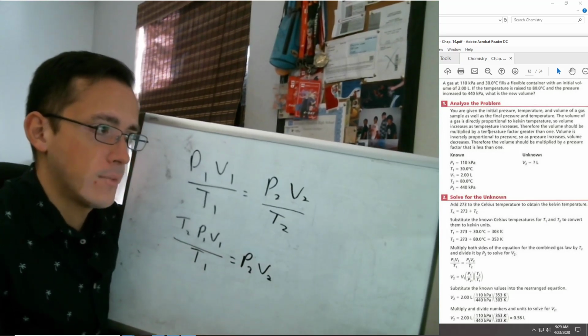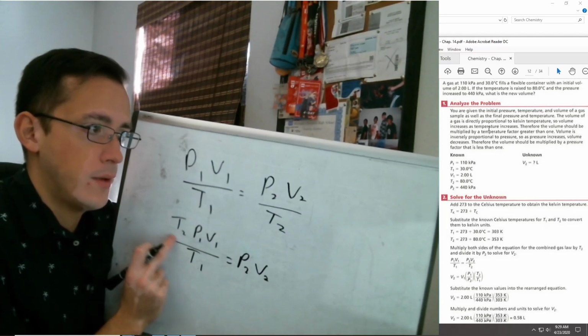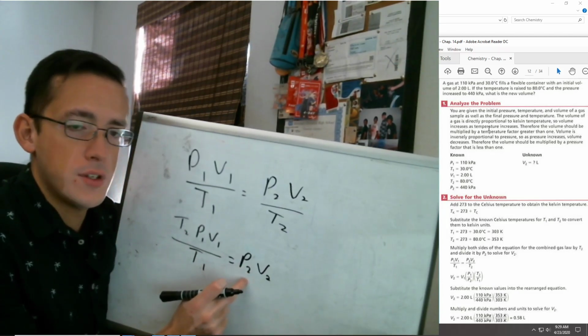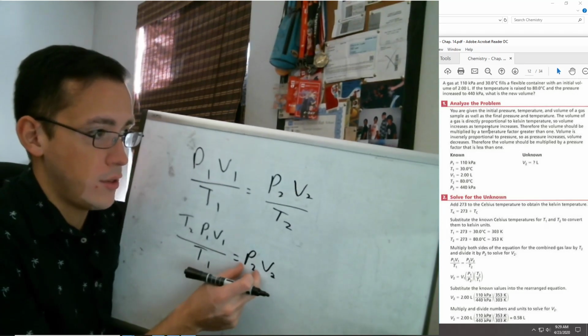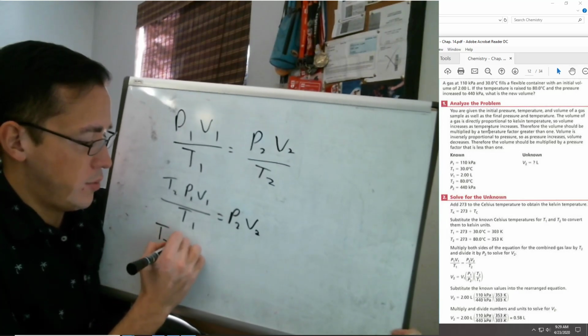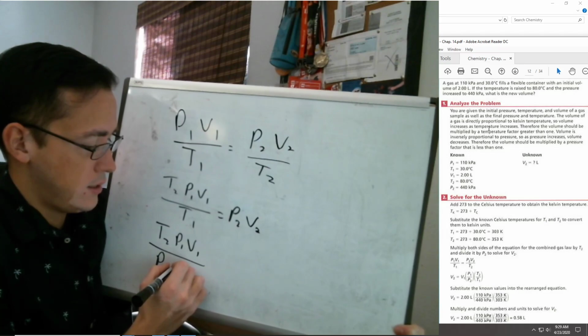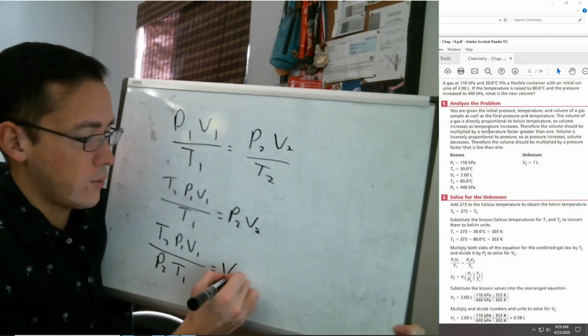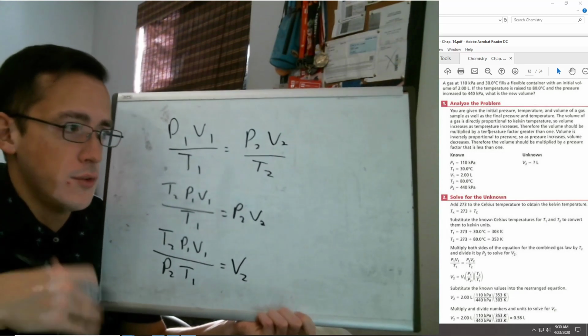We multiplied the T2 over there, so now it's hanging out with them. And we want to get rid of this P2, so now we divide everything by P2, so this goes on the bottom. Now we have T2 P1 V1 divided by P2 T1 equals V2. Right now we're just doing algebra, just moving the variables around.